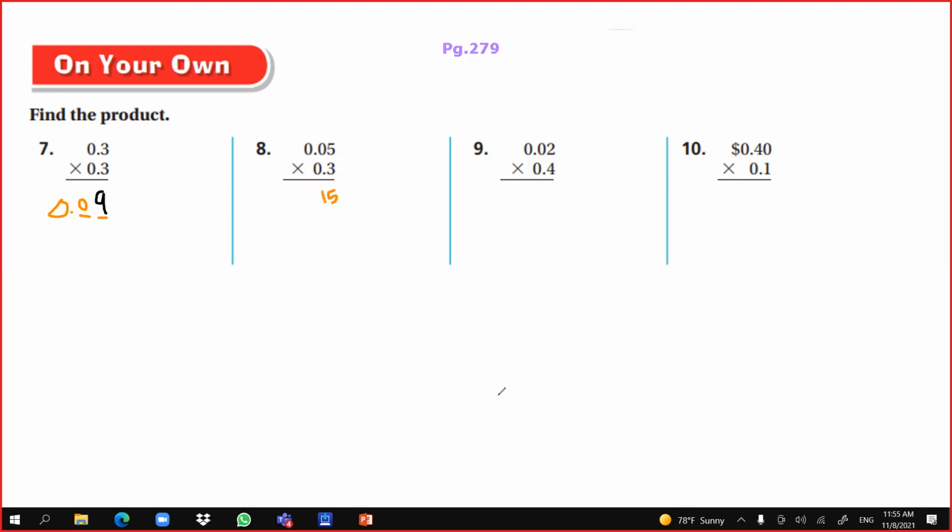Then we count how many digits. Here, how many digits up and down? 1. Bravo. So how many digits shall I move? 3. Bravo. 1, 2, 3. Then I have to put a decimal point here. Now, what do you have to add? Bravo. You will add a 0. So it will be 0.015.